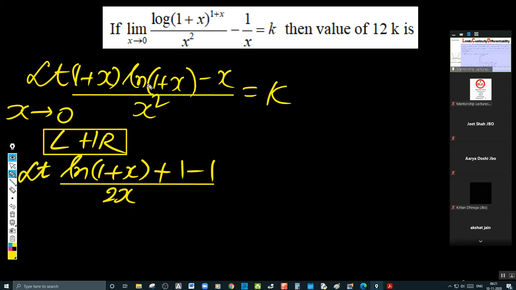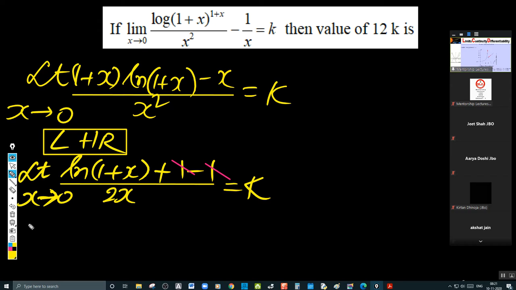Otherwise, you can make use of the expansion. If you remember the expansion, that will be very good, because everyone may or may not be remembering these expansions. That is the reason why I am taking L'Hospital's rule here. This x gets cancelled. One getting cancelled.